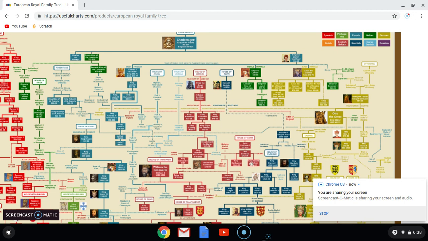I think it was Harold Harefoot, and then Harthacnut. Harthacnut's mother was also the mother of this guy, Edward the Confessor, who was the son of Ethelred. And so when Harthacnut died without an heir, it went to Edward the Confessor. And he ruled from 1042 to 1066.